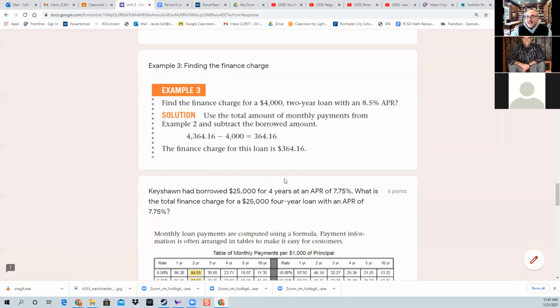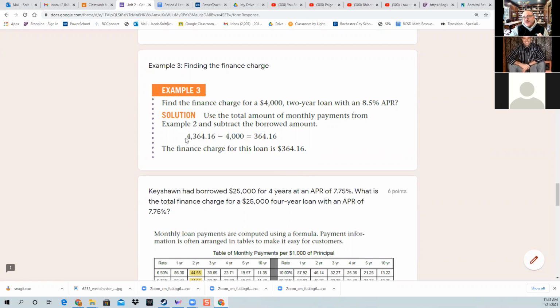Last but not least, finance charges. Remember, the finance charge is whatever you paid over what you borrowed. So if you borrowed $4,000 and you calculated the total amount of monthly payments and it comes out to $4,364.16, well, your finance charge is how much you paid minus how much you borrowed.